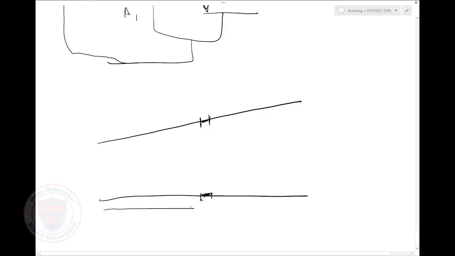If the distance here is x and the thickness in one direction is dx, I'm going to find dC of this capacitor. Okay. So this is going to be infinitely many small capacitors in parallel.